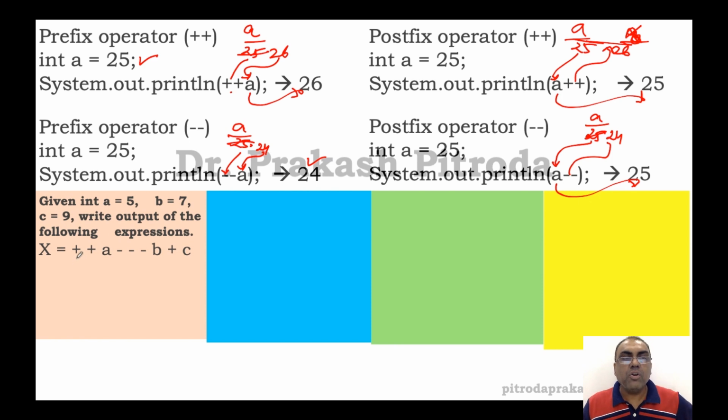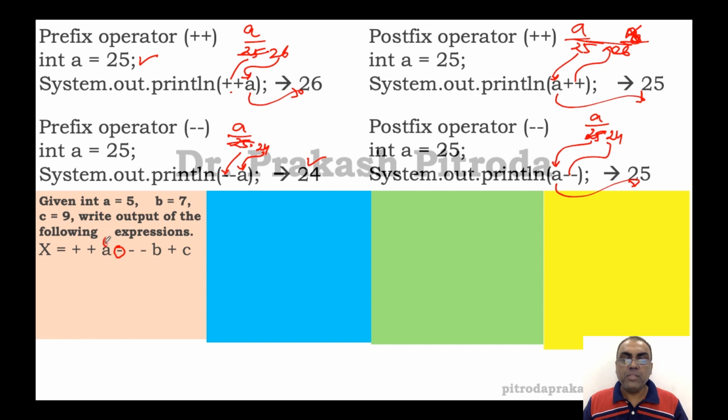Now here it is a combination of increment and decrement. So always remember, if ++ has been applied to a, it cannot be applied with --. So this is going to be ++a - --b + c. We're going to apply the prefix and postfix both. In this case, x is equal to ++a. The value of a is 5, ++ is going to make it 6 and apply over here.